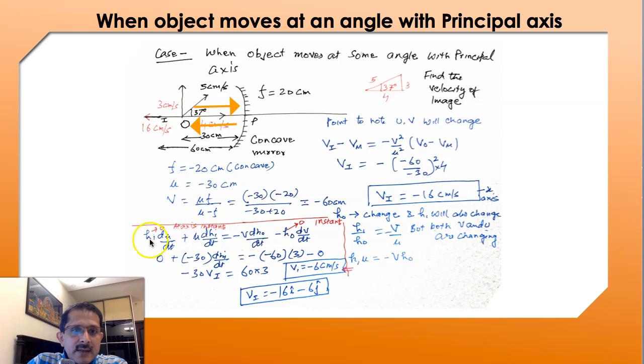So this term and this term become 0. For the rest of the terms, we just substitute the values and we get vi is equal to minus 6 centimeter per second. Add them together. If we add this and this, we get the resultant velocity in the I and J directions, which is minus 16 and minus 6 respectively. So the answer would be vi is equal to minus 16i minus 6j.